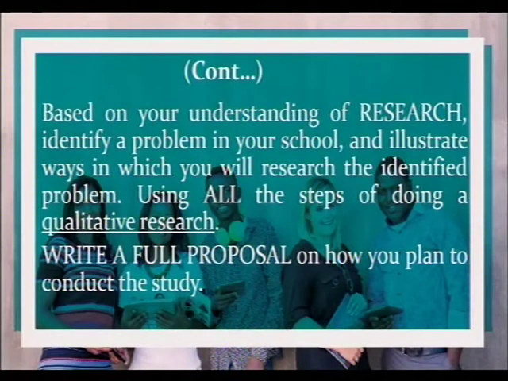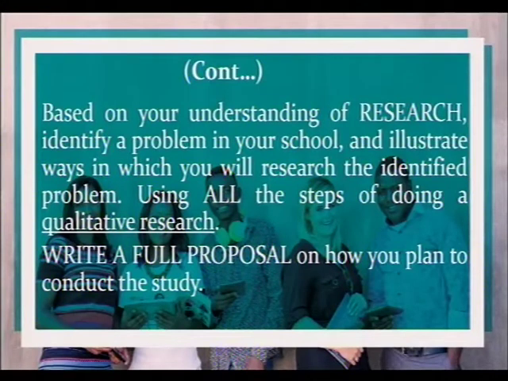Now, based on your understanding of research, as you are doing this module of introduction to educational research, some of you have also done research modules in other qualifications. Now that you understand what research is, this question expects you to identify a problem in your school. It can be one of those problems that I mentioned, or you can come up with your own problem.